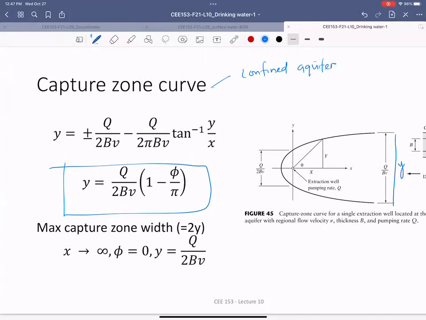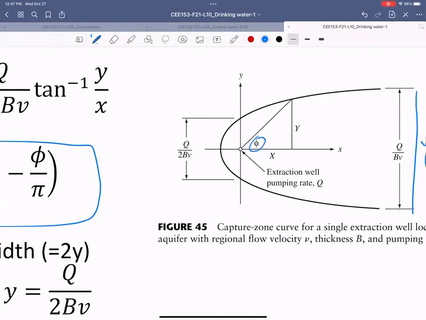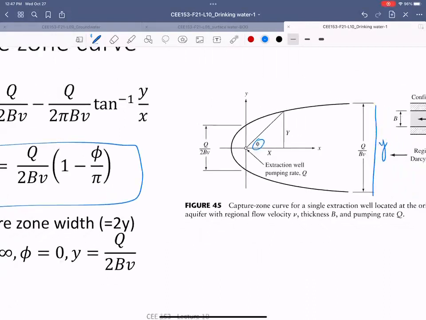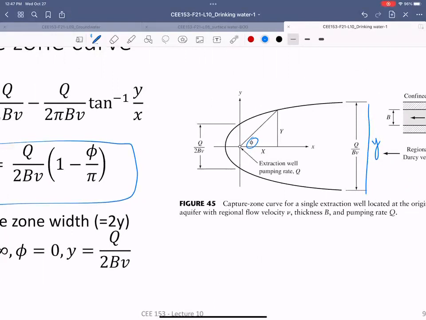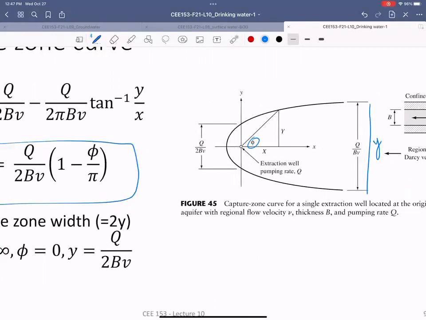And there are two angles here. One phi is this angle. If you want to know the entire width, what is the maximum width? If you keep getting longer and longer, at one point when phi equals 0, that approximates to infinity.